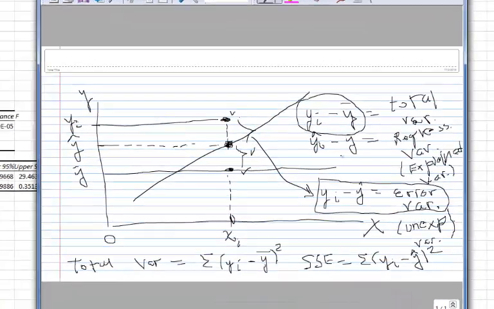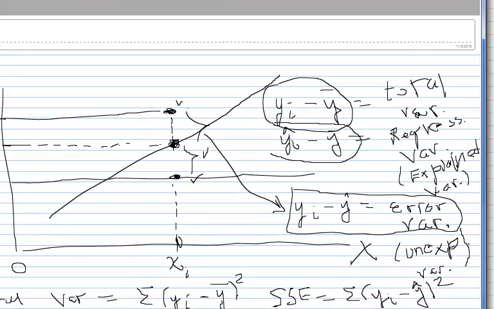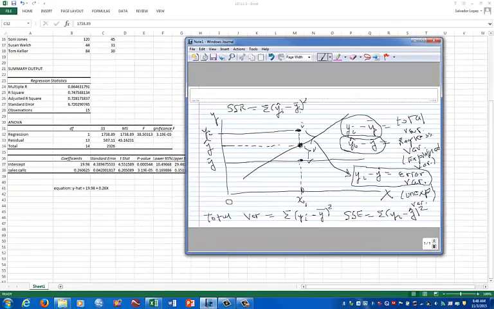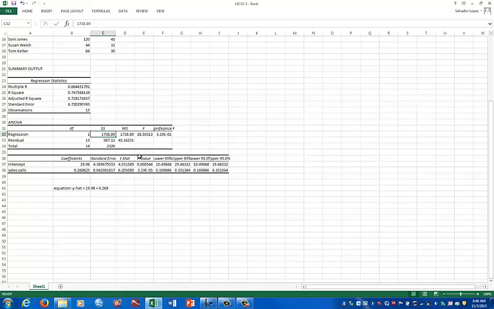So that'll be y hat minus y bar. That is called SSR. SSR is the summation of the y hats minus y bar, squared. You can put yi here.